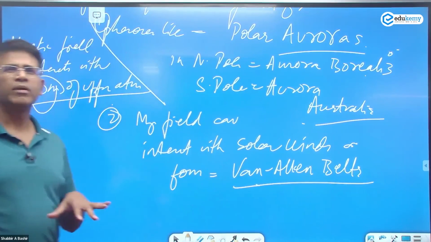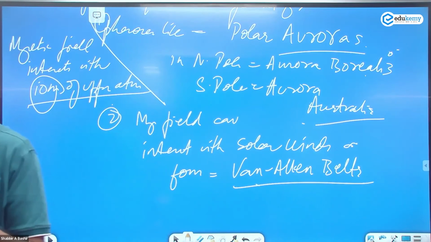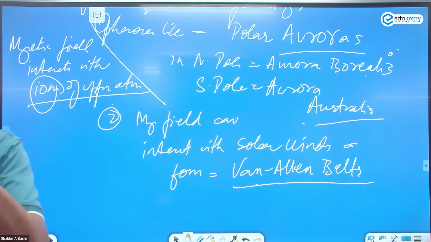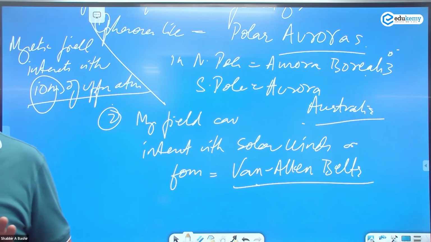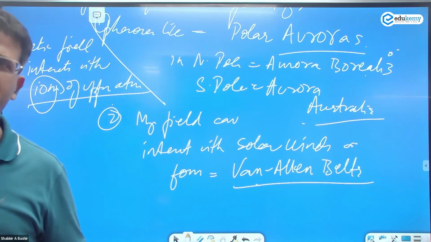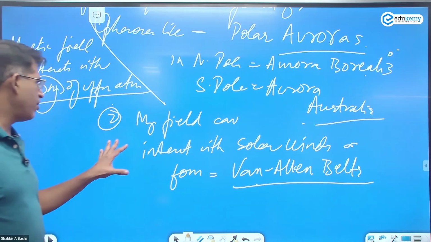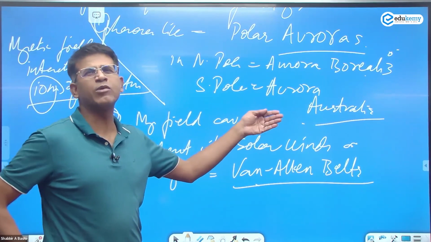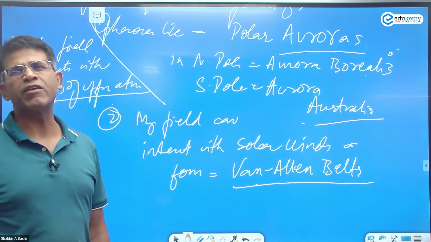Okay, ये बड़ा tricky होता है. In fact, crossing the Van Allen belts is also a very tricky thing for spacecrafts. Okay, there's a belt called as Van Allen belts, where the solar winds interact with the magnetic field of Earth.